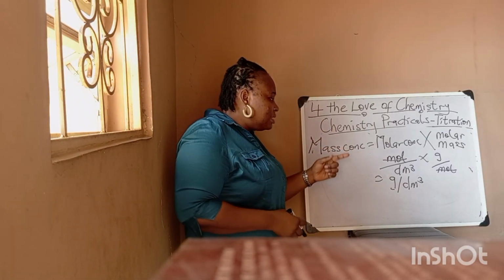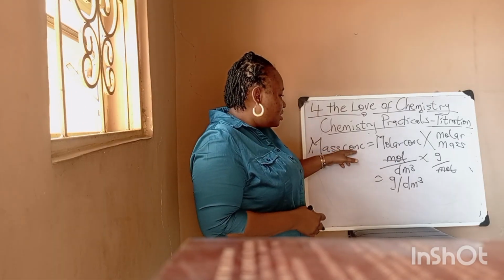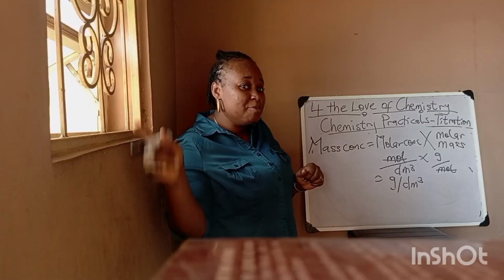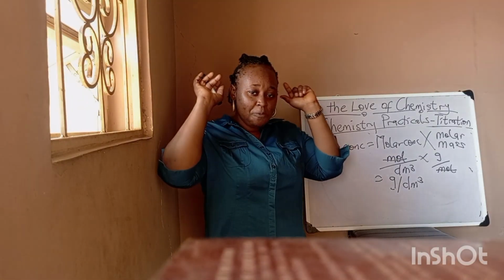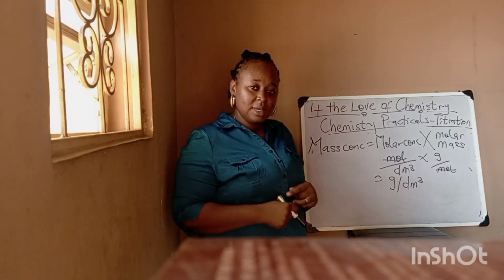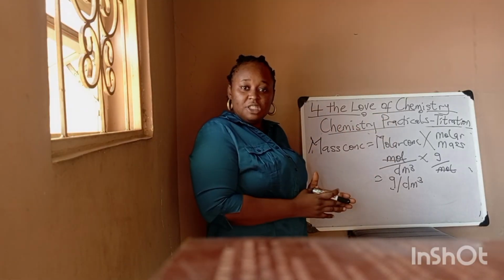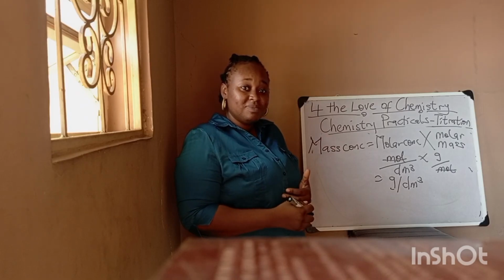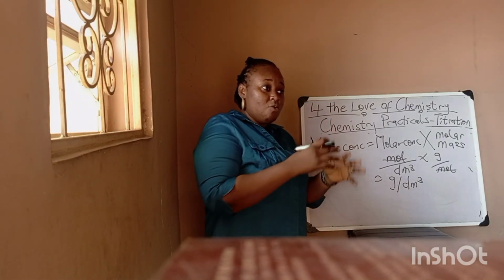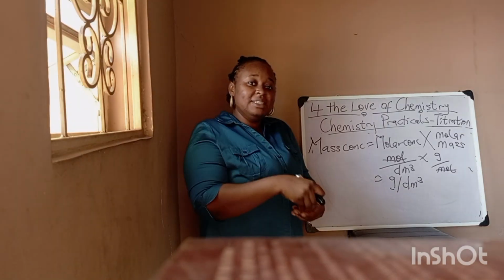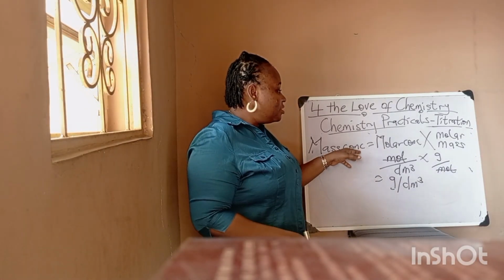Did you not notice that both mass concentration and molar concentration are per dm cubed? So mass is grams, and concentration must be per dm cubed: what is the quantity of this particular compound in dm cubed?